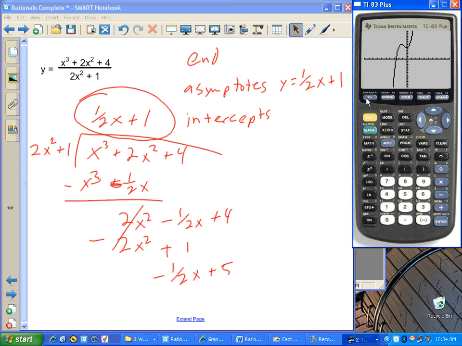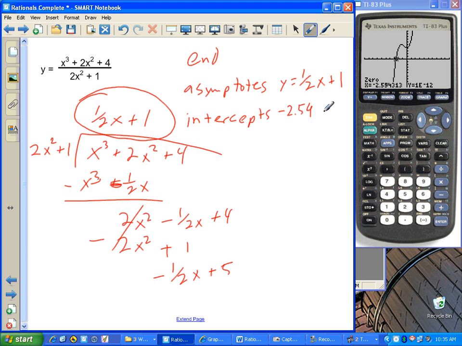So let's calculate that. Calculate a 0. I want to know where this thing is. It's at negative 2.59. So that's where my 0 is going to be. So my x-intercept is negative 2.59, comma 0.